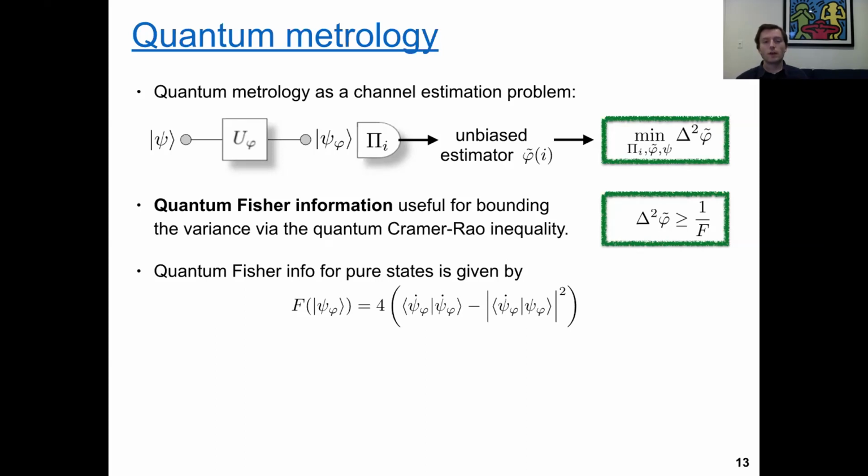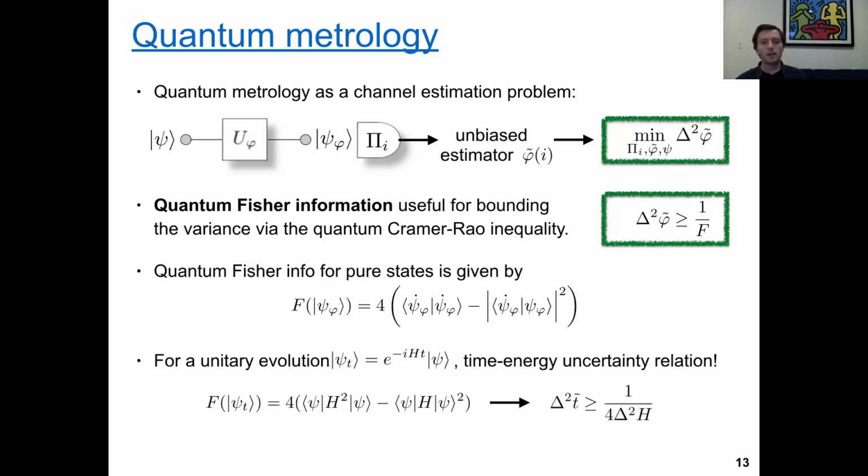This is the quantum Fisher information for pure states. What is interesting is to analyze the case in which our state undergoes some unitary evolution due to some Hamiltonian acting on it.